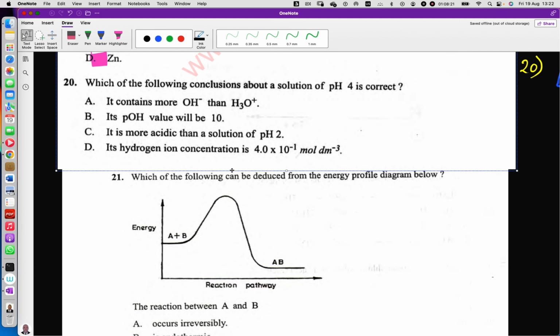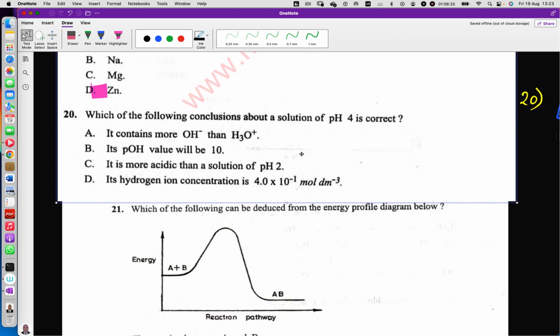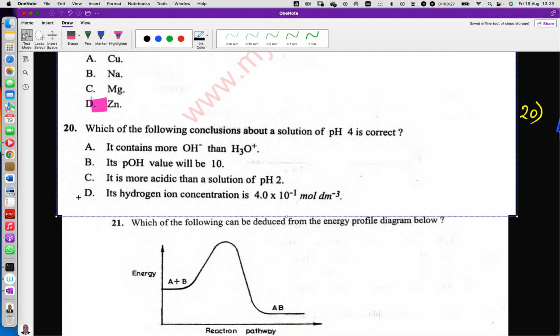Nothing is saying that here, but they said its pOH value will be 10.